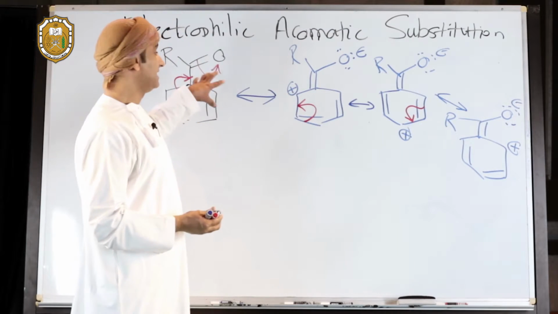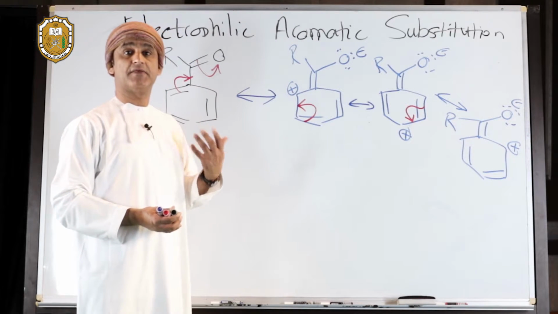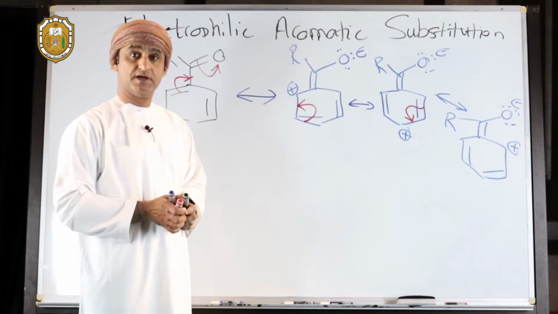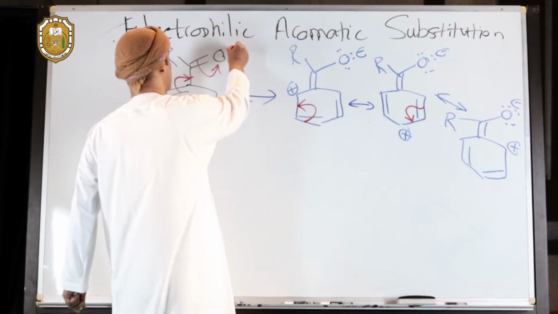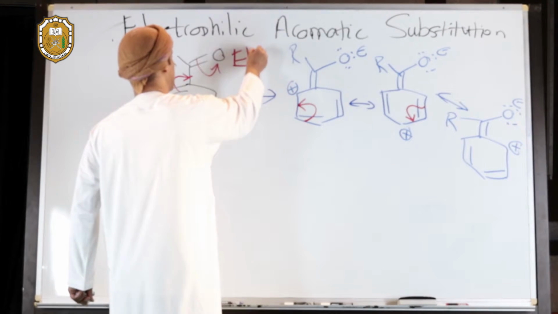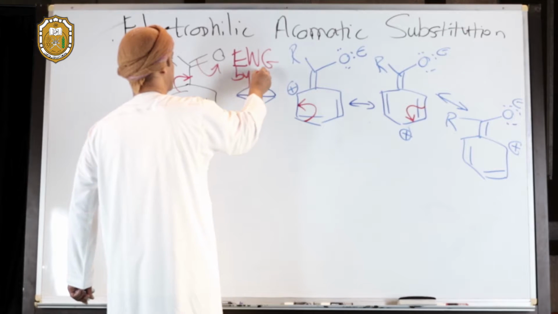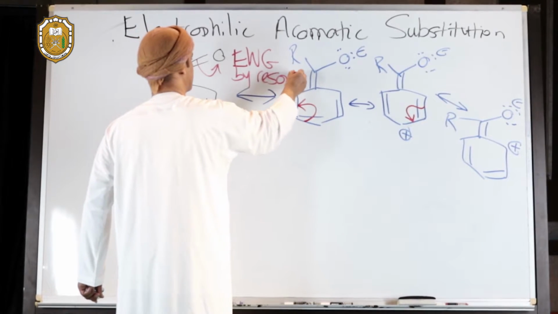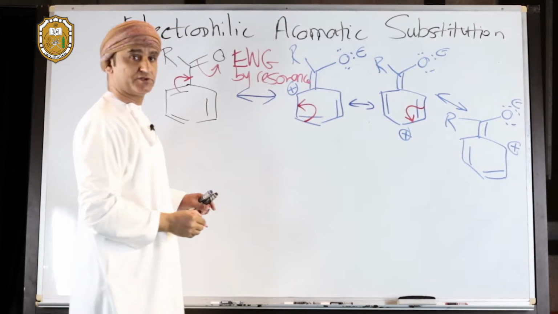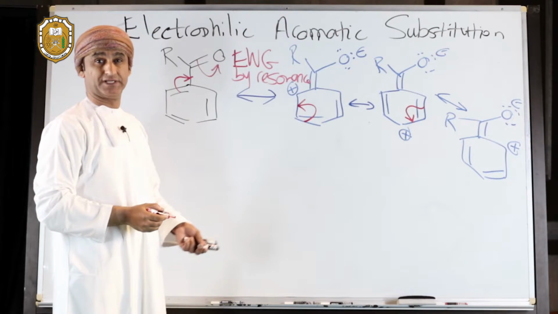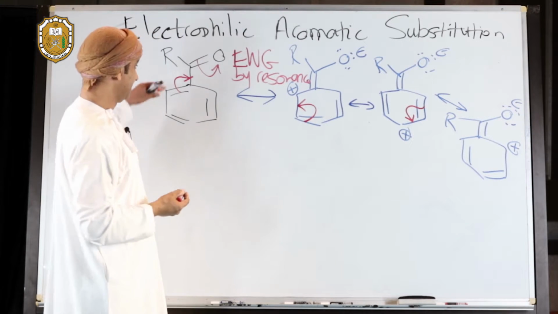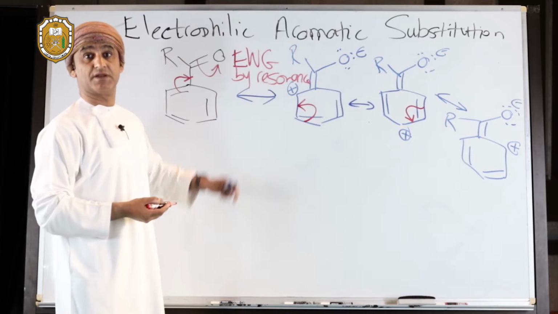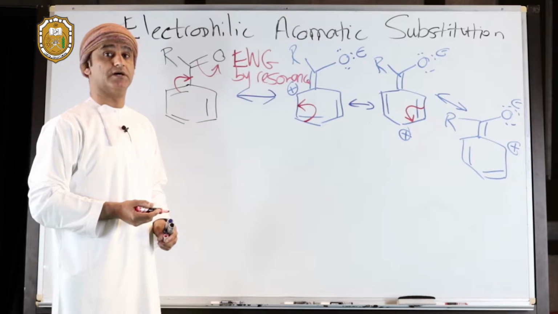So this is an example, therefore, of another electron withdrawing group by resonance. So ketones or carbonyl groups are electron withdrawing groups by resonance. We have also to mention that oxygen, being more electronegative, withdraws electrons toward itself in this carbon-oxygen double bond.